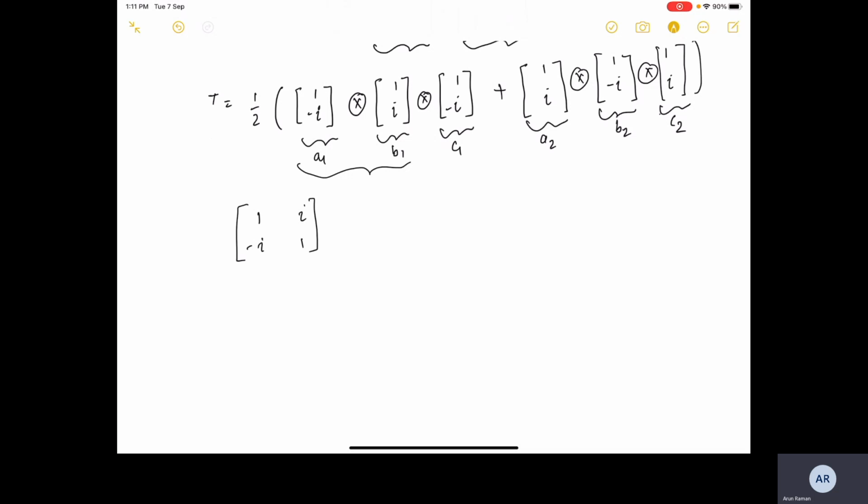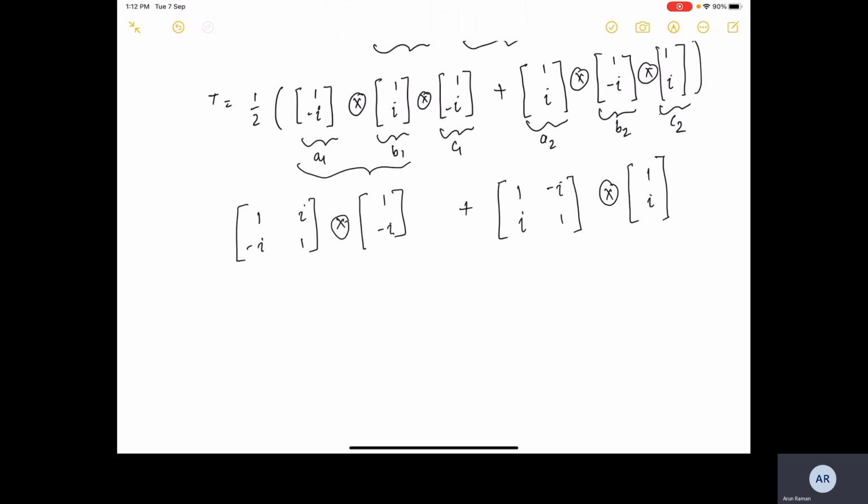We write 1 and minus i as they are, maybe with a tensor product. On this side we will have 1, minus i, and minus i squared, so minus i squared will again be 1, and we keep the tensor as it is.